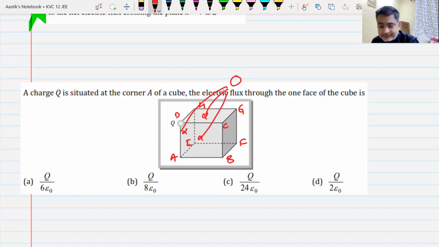Do we get this? Yes, sir. The remaining three faces will be symmetrical with respect to this, so the flux through those three faces would be the same. Do we understand this? Yes, sir.